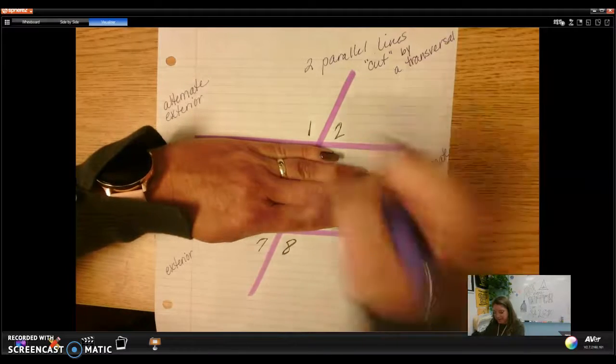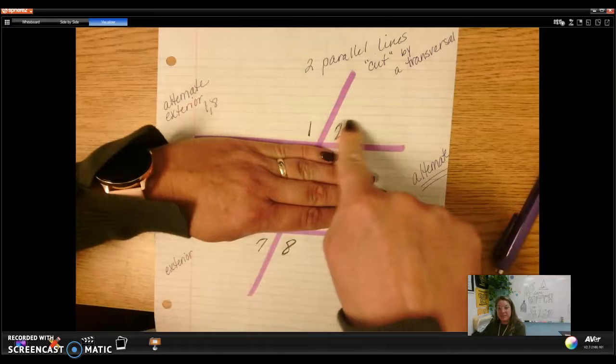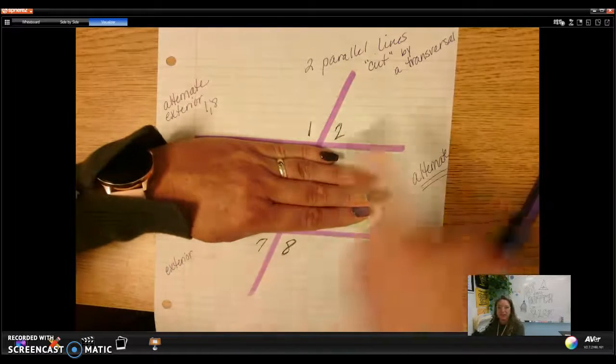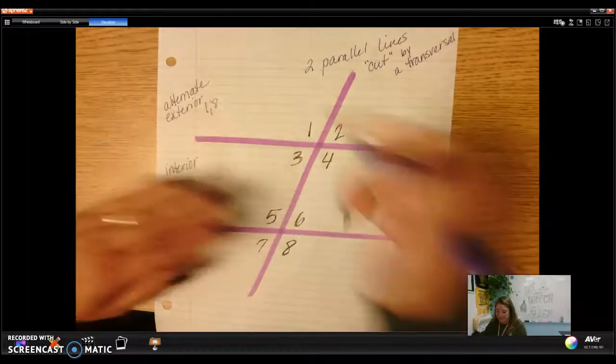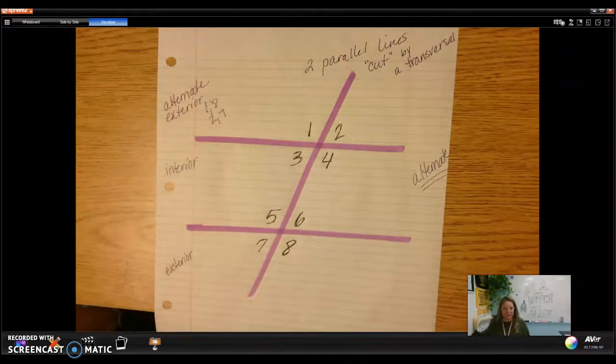Okay, so 1 and 8 are alternate exterior angles. The same thing with angle 2 and angle 7. They're alternate or opposite, and then they're exterior because they're on the outside. So angle 2 and angle 7, those are alternate exterior angles.